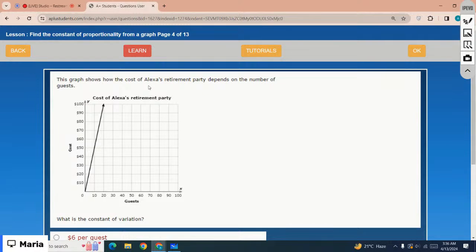The graph shows how the cost of Alexa's retirement party depends on the number of guests. What is the constant of variation?